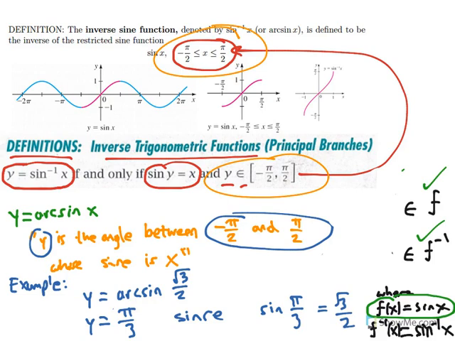So we have the ordered pair (π/3, square root of 3 over 2) belonging to the sine function, and the reverse ordered pair (square root of 3 over 2, π/3) belongs to the inverse sine function.